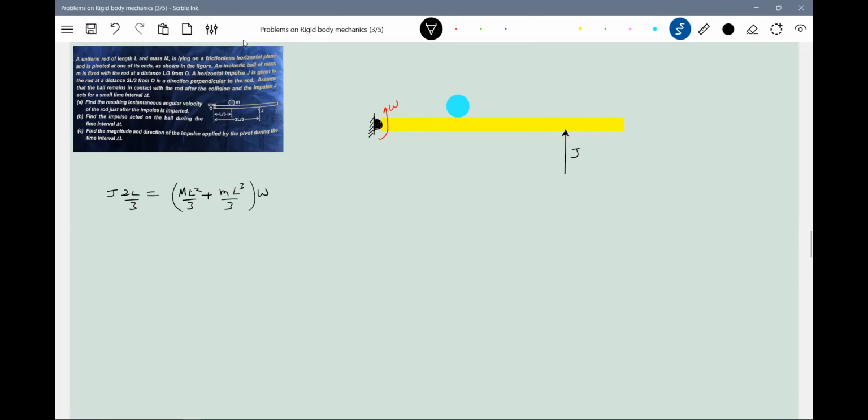So the L/3 gets cancelled. So 2J equals L times capital M plus small m. So omega is 2J by (M plus small m) into L. Okay, leave it here. I think these are very easy. You can manage with this idea.